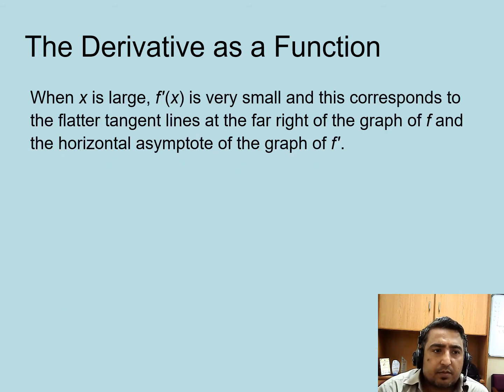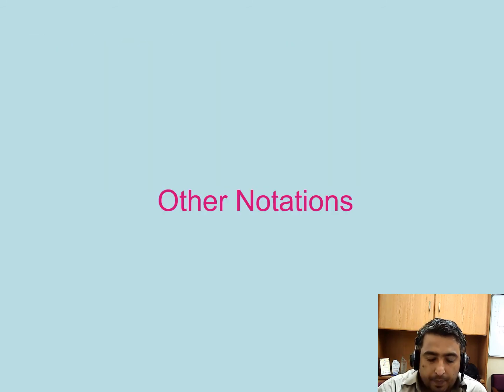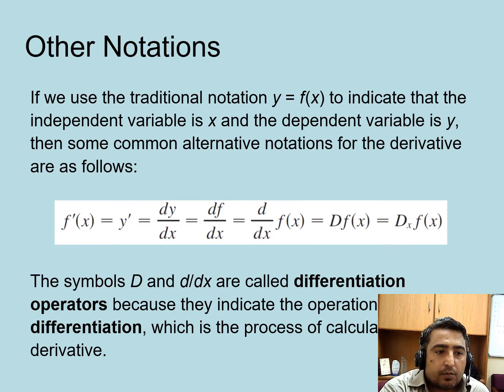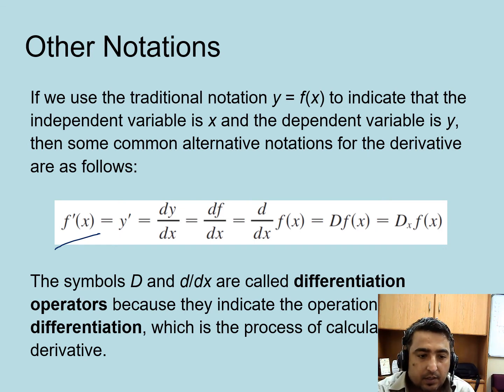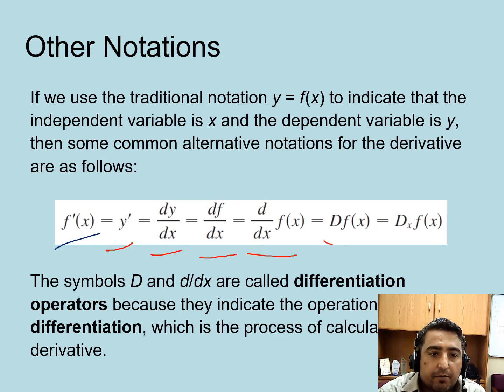There is another example: the derivative as a function, or simply the derivative. Now let's talk about some notation. I already told you one notation, and this one, or people use this one, and for the complete f of x, they use the operator d with respect to x. All these notations are equivalent.